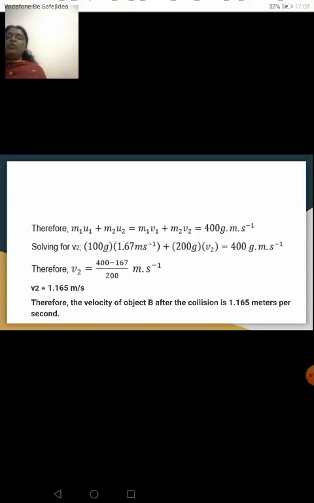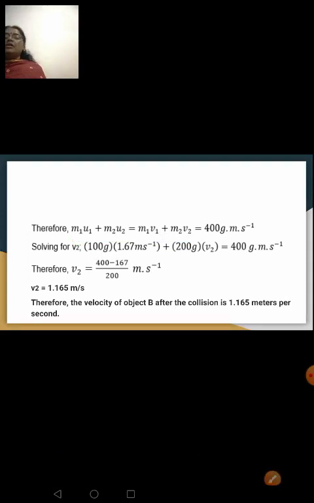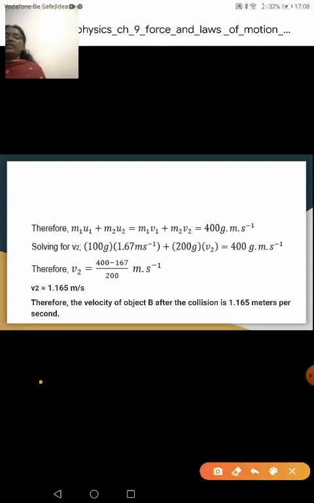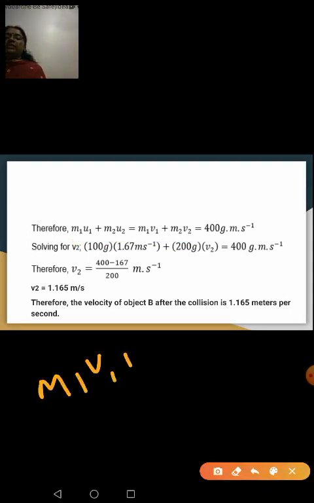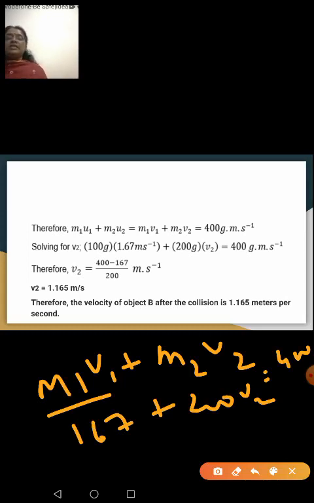So now m1 v1 plus m2 v2, we have calculated as 167 plus 200 v2, which is equal to 400 gram meter per second. Now we want v2.